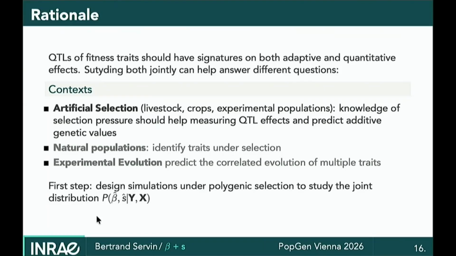So what does it look like when I select for a trait in a population, and I estimate the marker effects on the trait using a GWAS, and I estimate the selection coefficient from allele frequency trajectories? How do these two quantities, beta and S, look like when I look at them together?